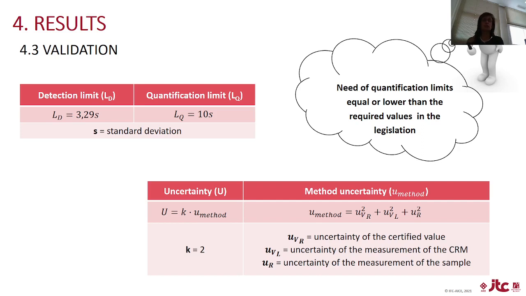The detection and quantification limits were calculated in accordance with the ICP-OES guidelines. The precision and accuracy were determined by the uncertainty calculated from the expression, taking into account the uncertainty of the certified value, the uncertainty of the measurement of the CRM, and the uncertainty of the measurement of the sample.